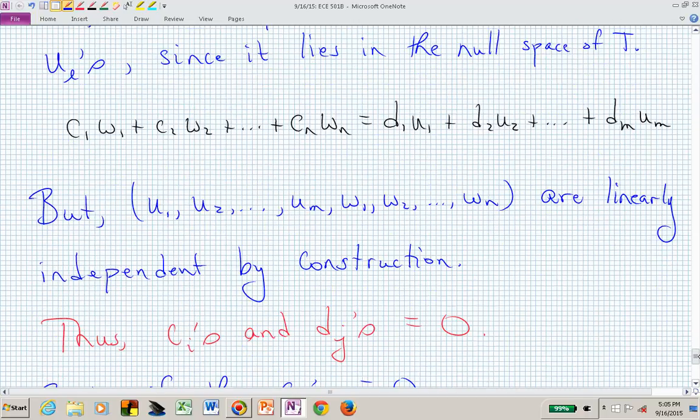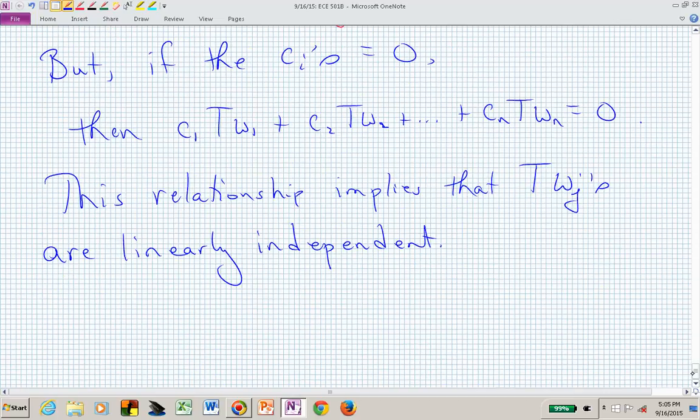This relationship said that, by construction, all of our U's and W's were linearly independent. So now, what does that say?